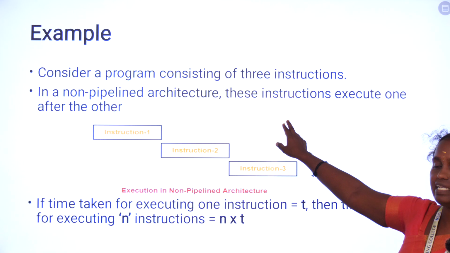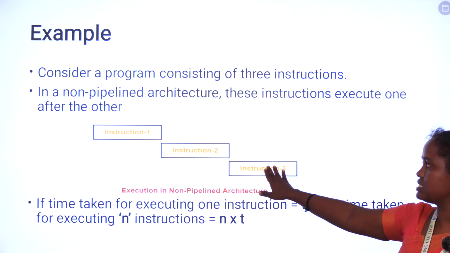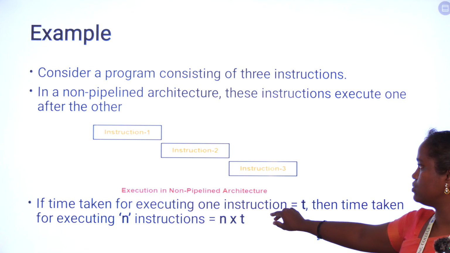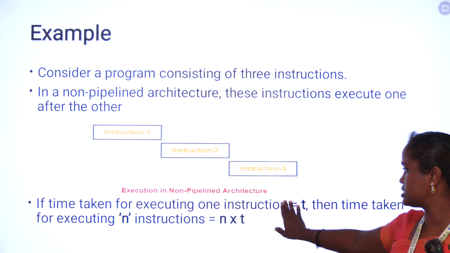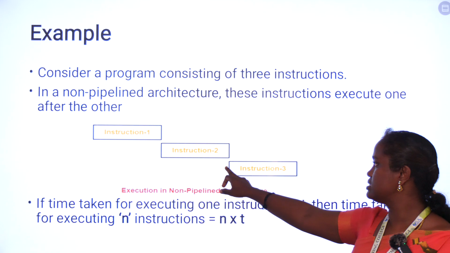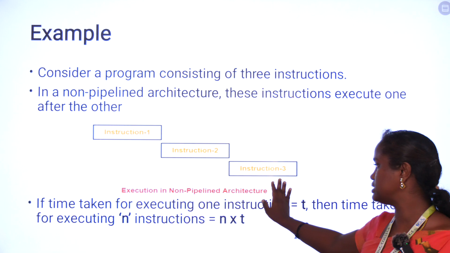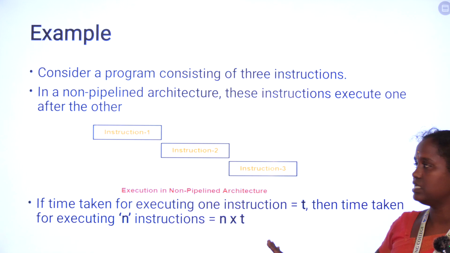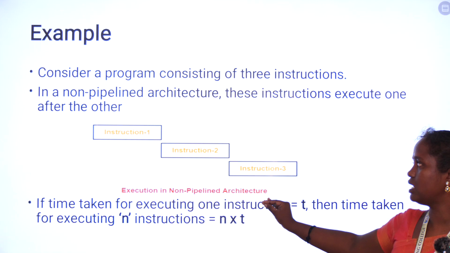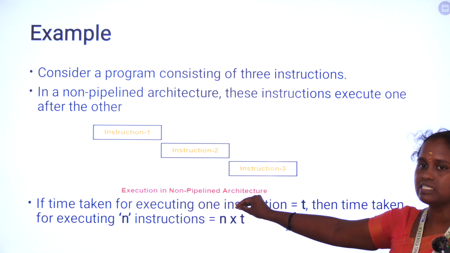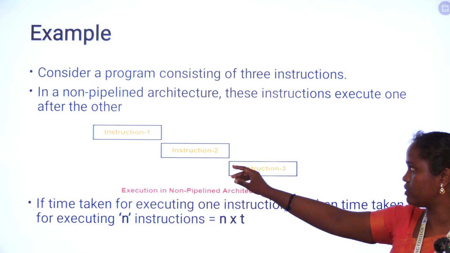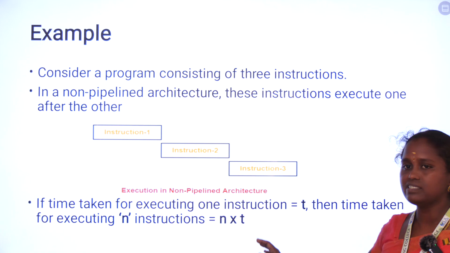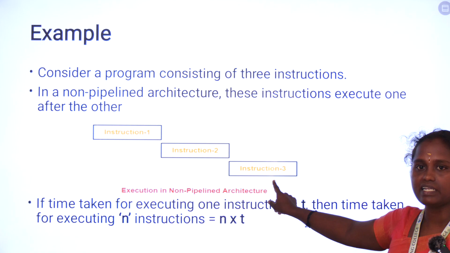Consider 3 instructions here in a non-pipelined architecture: instruction 1, instruction 2 and instruction 3. The process happens like this: after completion of instruction 1, instruction 2 will start, and after completion of instruction 2, instruction 3 will start.